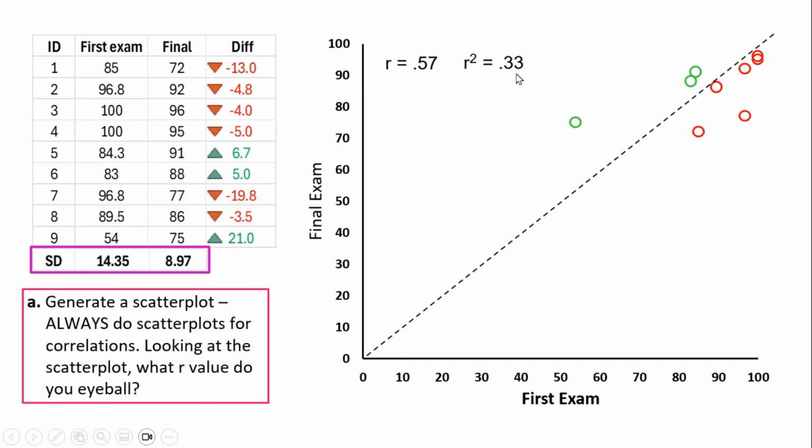And if I multiply that times 100, I get 33%. So what that essentially means here is that 33% of the variability in the final exam, which graphically is the dependent variable because it's on the y-axis, can be explained or is accounted for by variability on the first exam.